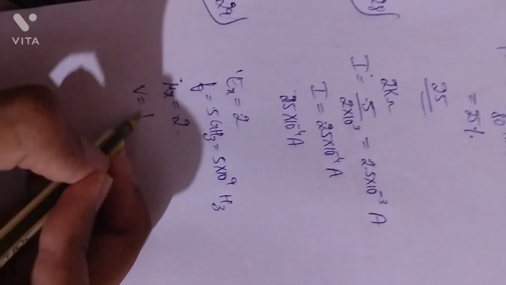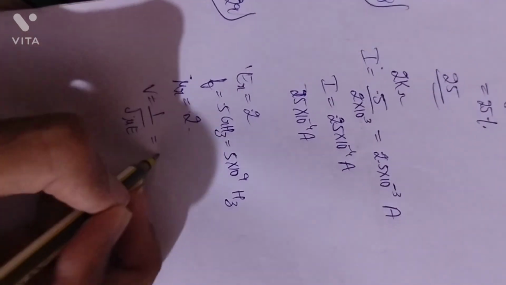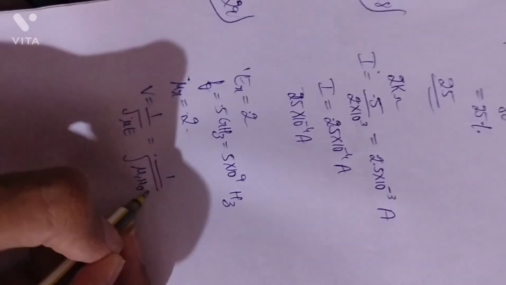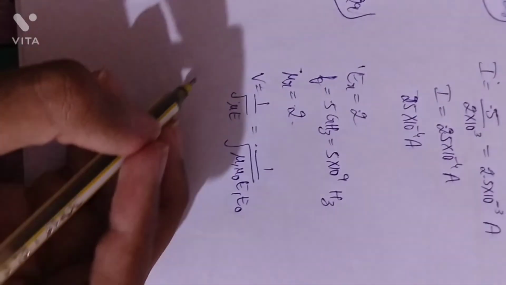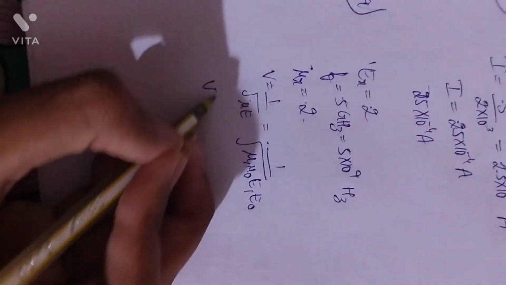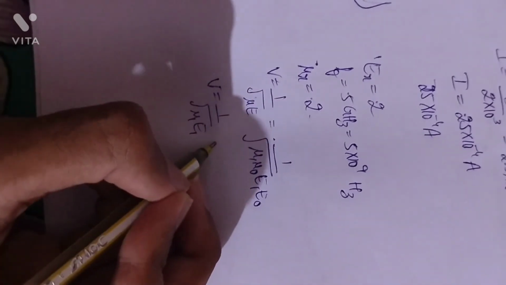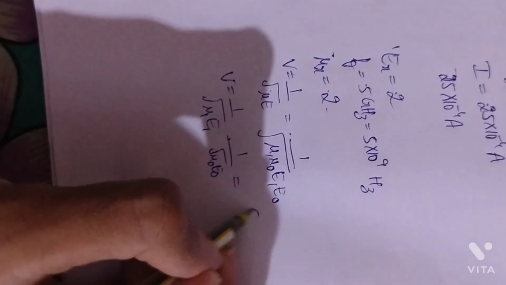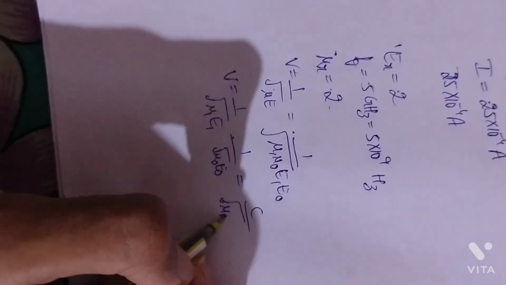So therefore v is equal to 1 by root mu epsilon, that is equal to 1 by root mu r mu naught epsilon r epsilon naught. So v is equal to c by root mu r epsilon r.